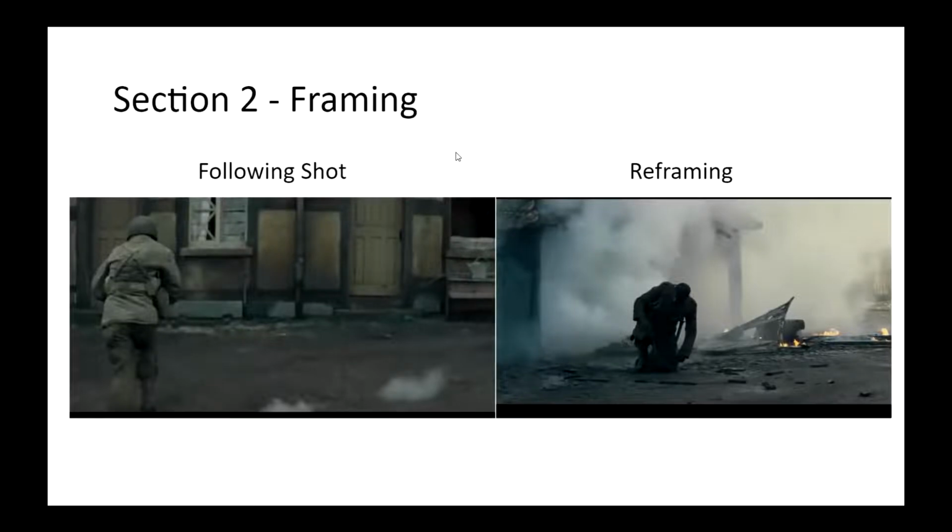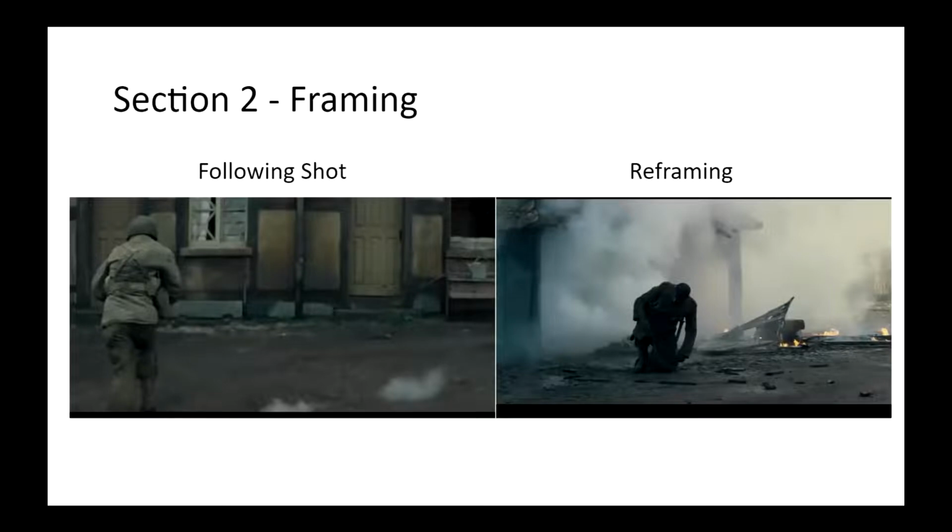The camera follows him when he's running, and this creates a lot of suspense because we see bullets hitting the ground coming at him, and the camera's shaky. So this following shot helps put us into the action and shows us more intensity.